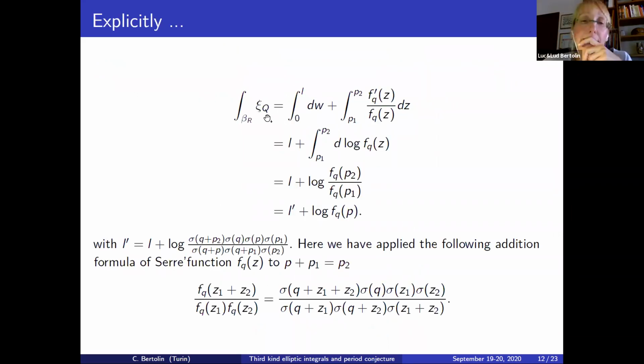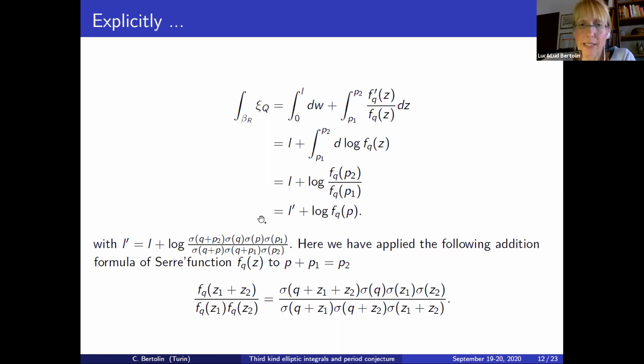The pullback of CQ by the exponential is dw plus f prime q over fq dz. So I have to integrate the first, d omega, from 0 to L, and this logarithmic differential from P1 to P2. And I recall that P1 minus P2 was the point P. And this I get L plus log FQ P2 over FQ P1.